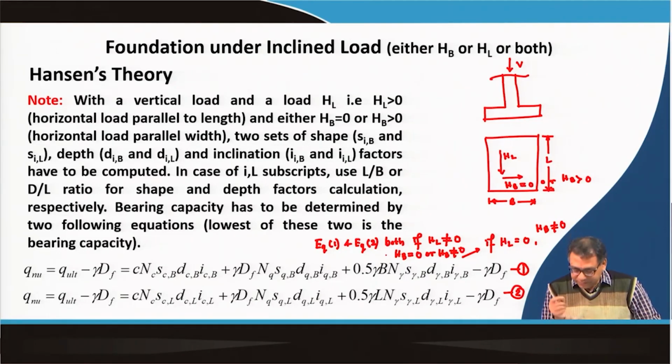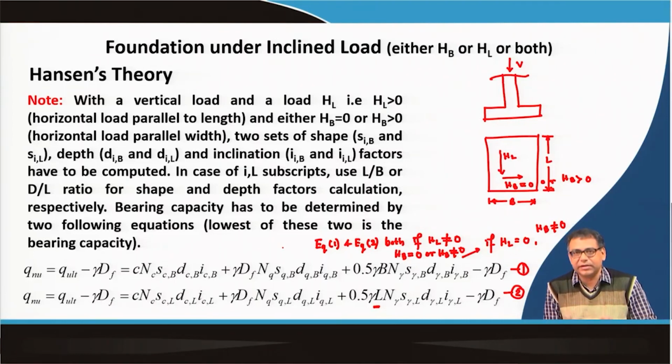But if we have to go for both sets, then one set is in terms of B and another set in terms of L. That means we have to interchange B by L and L by B. Now it is not B by L, it will be L by B or d F by L. And in the third term we have to use L, not B. And the lowest of these two will give us the bearing capacity.